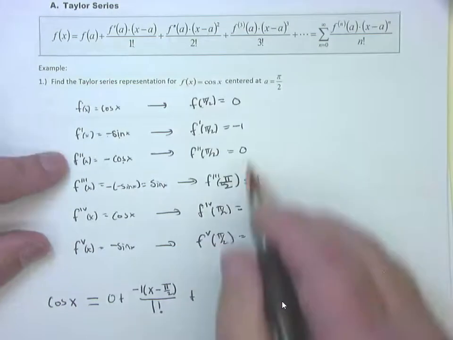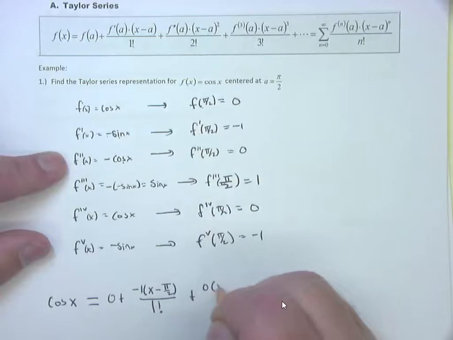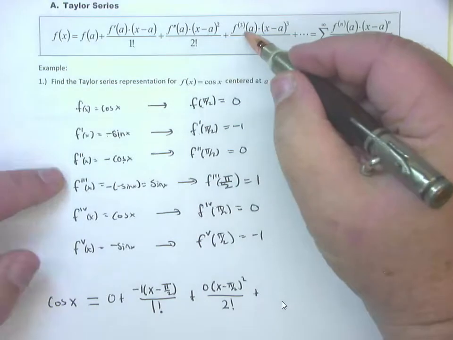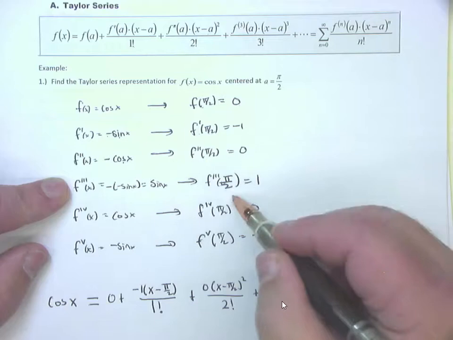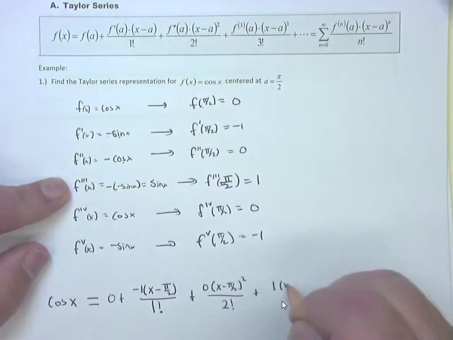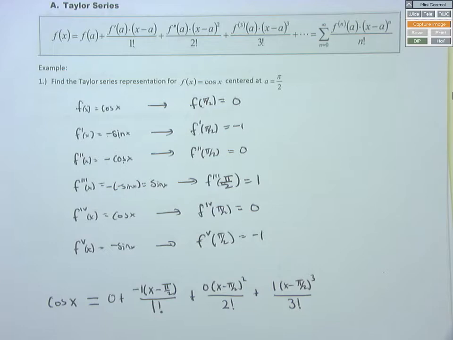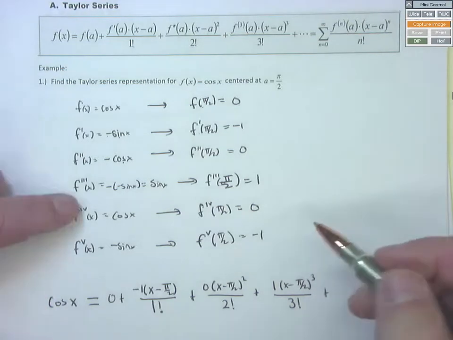The second derivative at pi halves is 0 times x minus pi halves squared over 2 factorial, plus f triple prime, the third derivative at pi halves, is 1 times x minus pi halves cubed over 3 factorial, plus the fourth derivative.